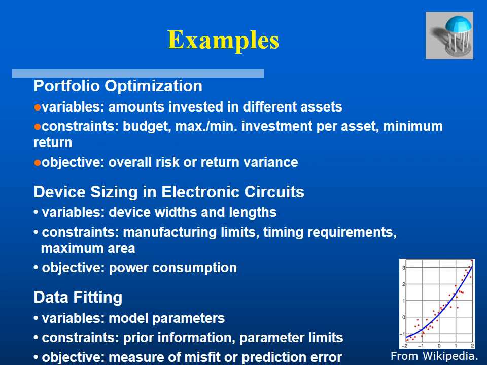In many problems, we have multiple parameters of some model, and the model, for example, may be a quadratic with three parameters. The quadratic would be of the form a plus bx plus cx squared, and a, b, and c would be the parameters, the things we had called x.